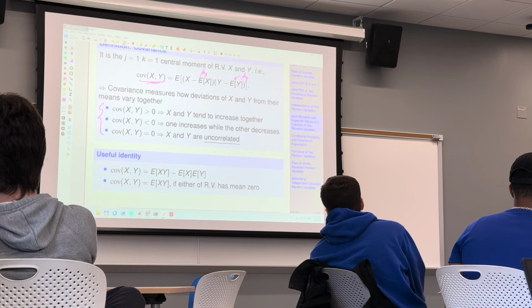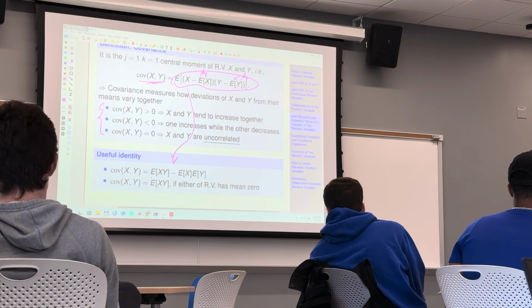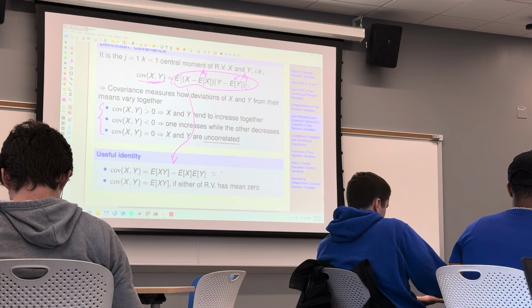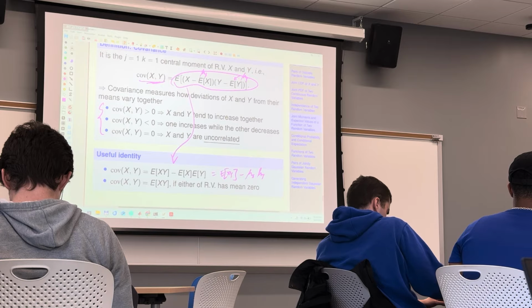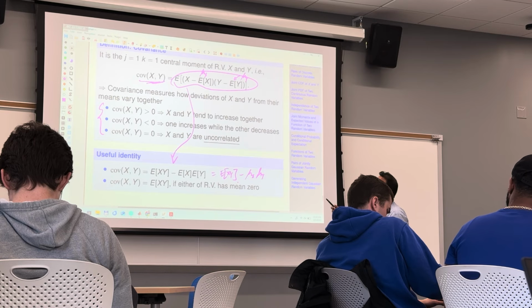Now the covariance of xy, if you just do some algebraic manipulation, you see that this formula boils down to the correlation minus the individual means, which means expectation of xy minus mu sub x, mu sub y. Okay? So it is just another way of writing covariance.